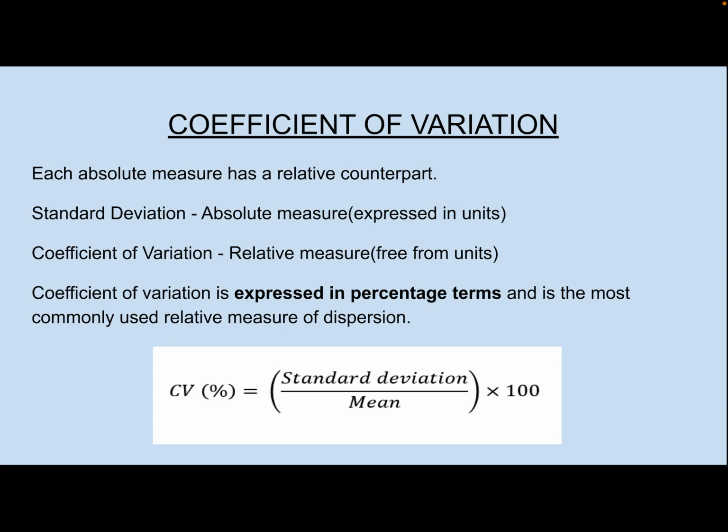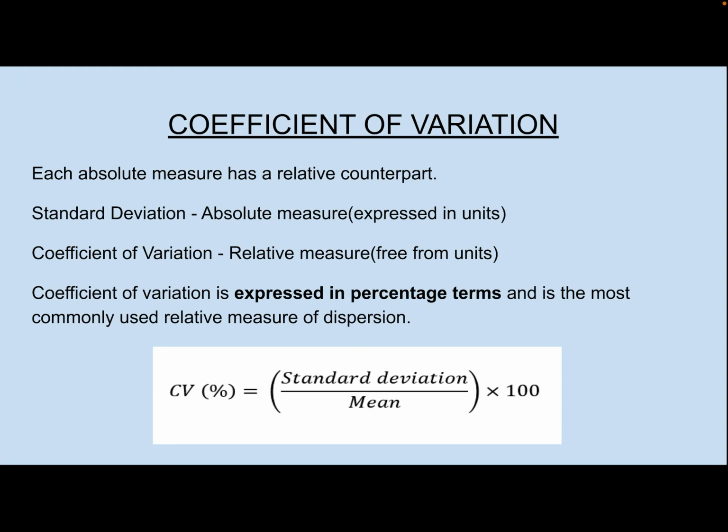Coming now to coefficient of variation, which is the relative measure of standard deviation. Relative measure means that it is free from units and it is expressed in percentage terms. The formula for CV is standard deviation upon mean into 100.